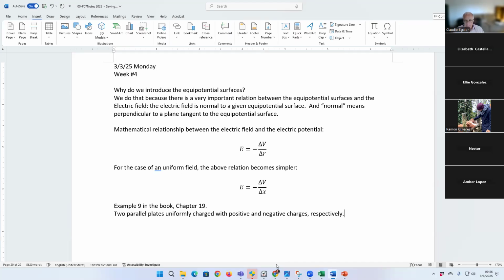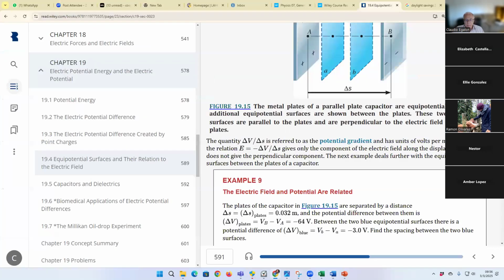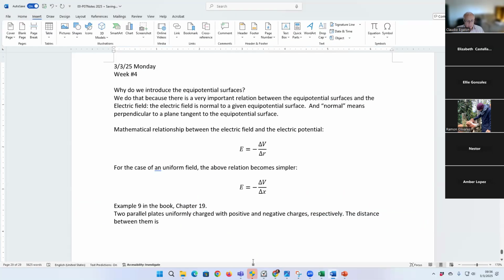The distance between them is 0.032 meters. Is delta S. You put that delta S maximum, right?